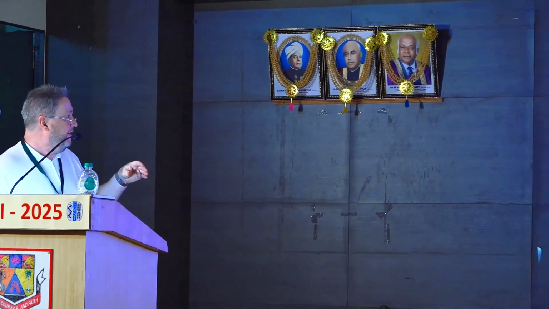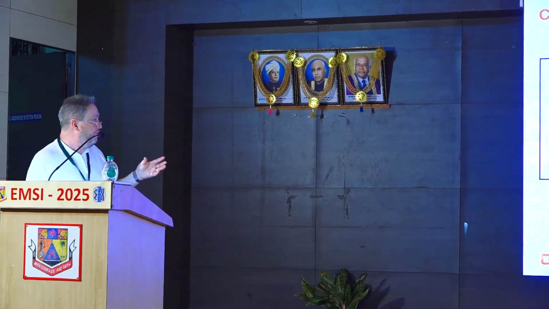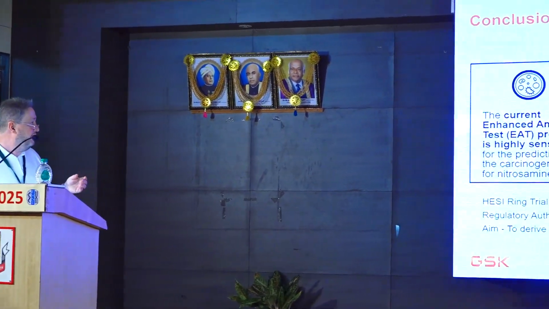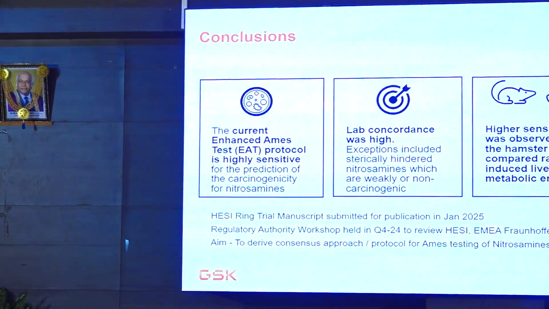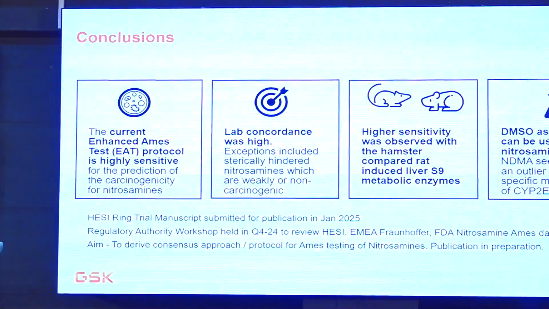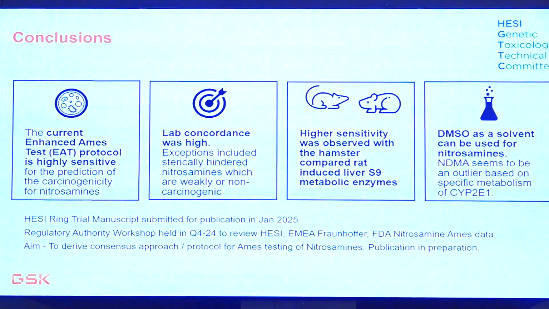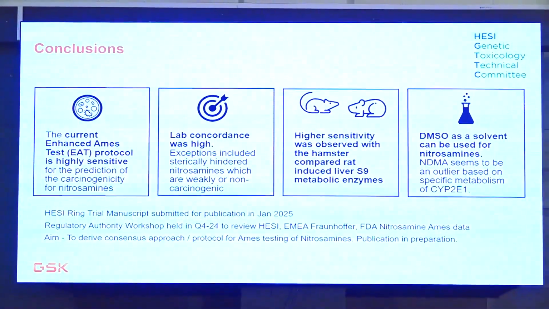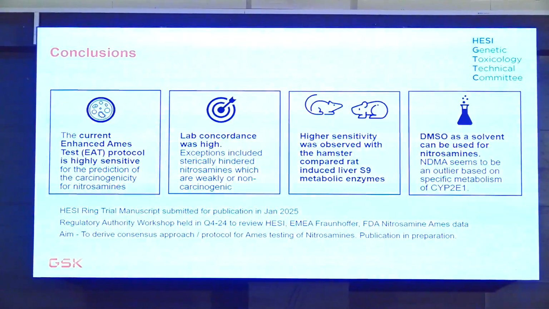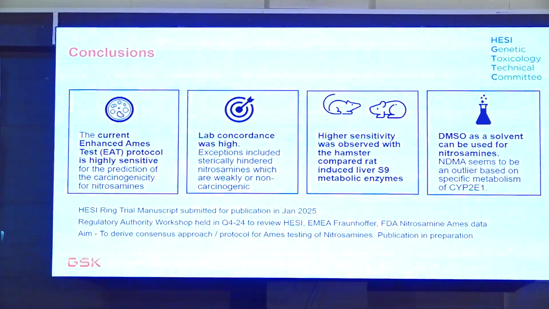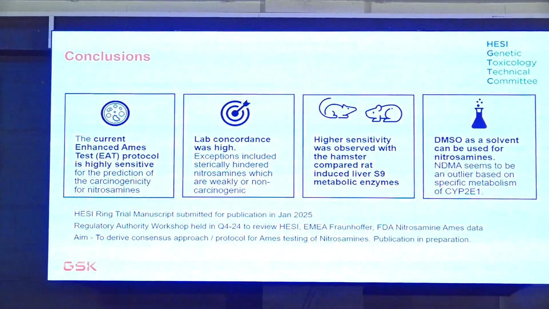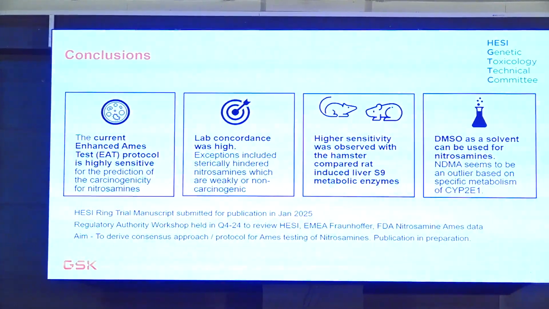We were able to see that basically the enhanced Ames test protocol is highly sensitive to detecting nitrosamines, consistent with the GSK data. We saw very high concordance. Where there were some discrepancies, these were category 5 compounds. Sometimes you had one lab that was positive, one was negative, but they were kind of equivocal in terms of potency, and these things can be expected.